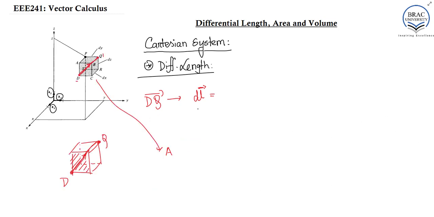This means any differential displacement vector in a 3D space can be written as its three components along the three axes.